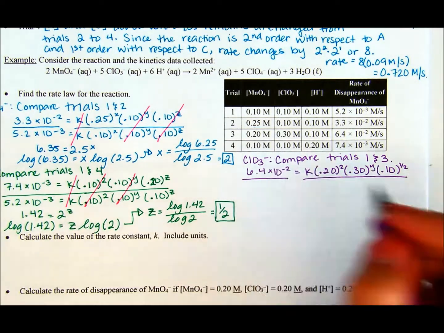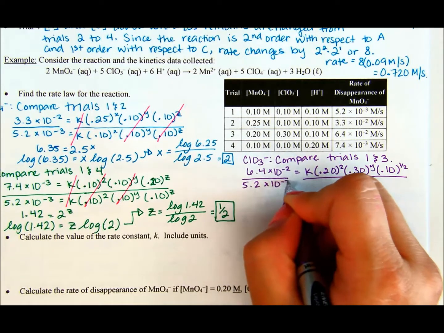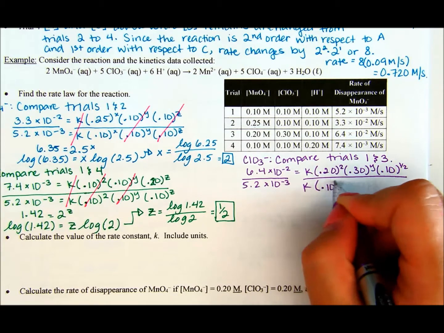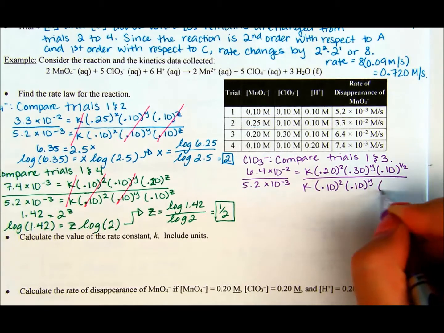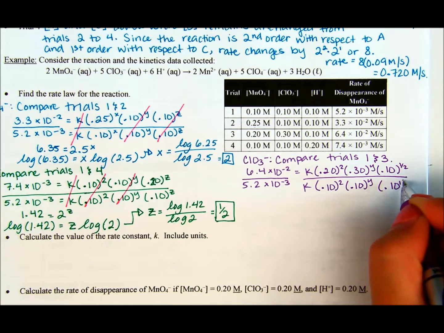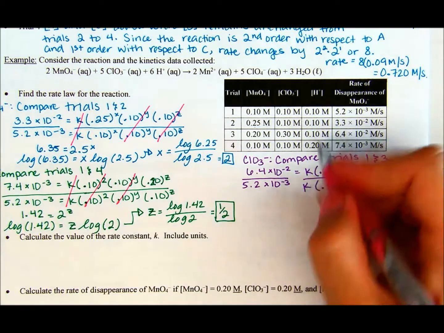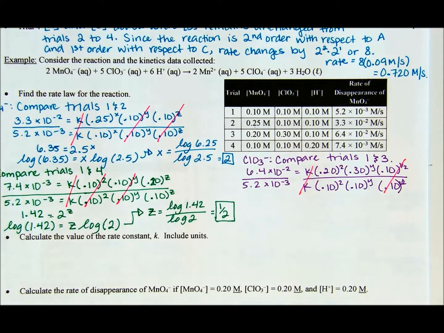Divide this by trial 1, and that rate is 5.2 times 10 to the negative 3 equals k times 0.10 squared, 0.10 to the y, and 0.10 to the 1/2. Canceling out my like terms, k's cancel out. These guys cancel out over here, so I have two terms left.